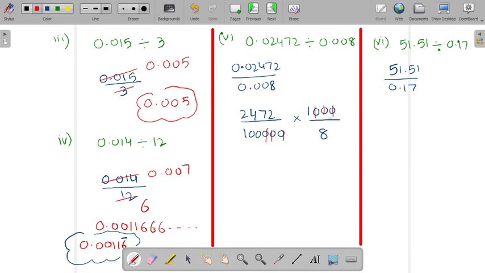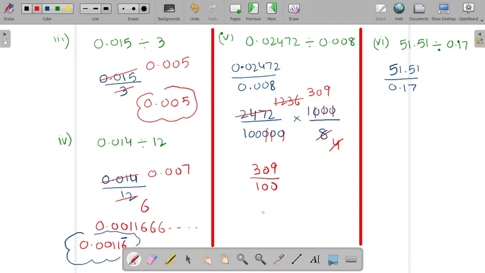It will be cancelled out. Now cancel the remaining terms. So it will go with 2, 2, 4, 1, 2, 3, 6. Again it goes with 4. So 4, 3, 0, 9. It is coming as 309 upon 100.